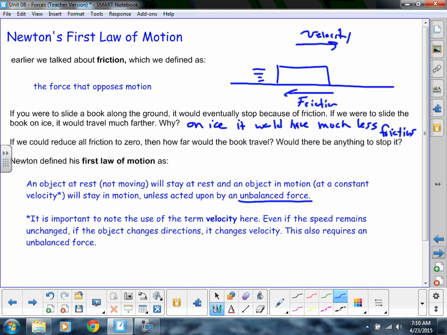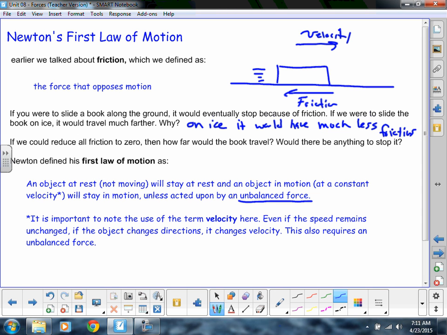Now, when I say at a constant velocity, it's important to note the use of the term velocity, because if the speed remains unchanged but the object changes direction, it changes its velocity. Velocity is not just speed, but also direction. So when we were turning the bowling ball around the bucket during the broom ball activity, it might not have looked like its speed was changing, but because its direction was changing, it was also experiencing unbalanced forces, because we're changing its motion.